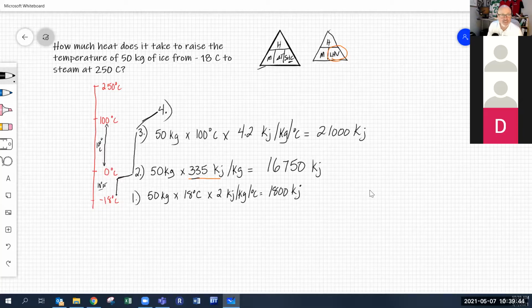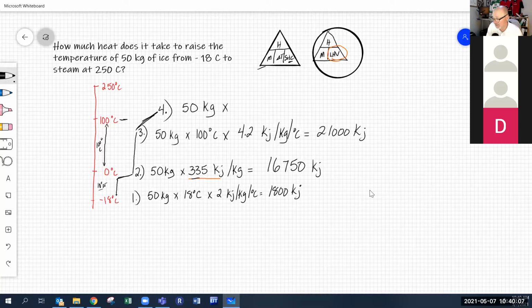Now, which brings me to number 4. Right here, I have water at 100 degrees C. I want to change the state of that water to steam. That's a latent heat equation where it says take your mass and multiply that.